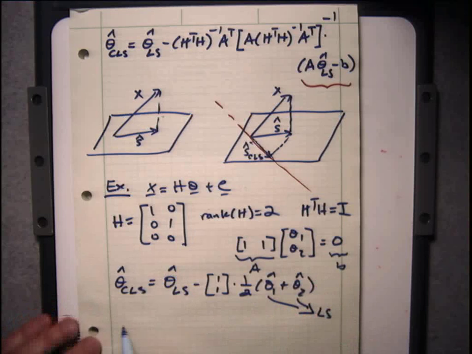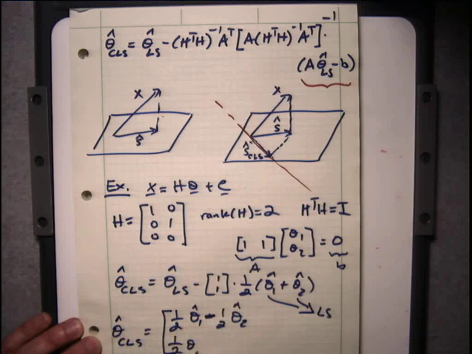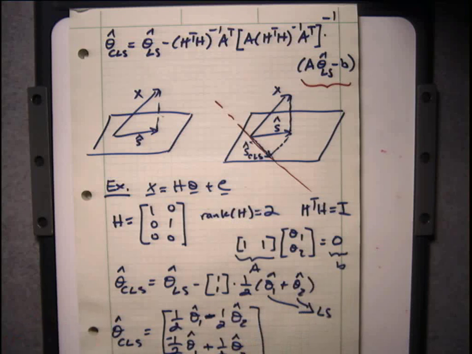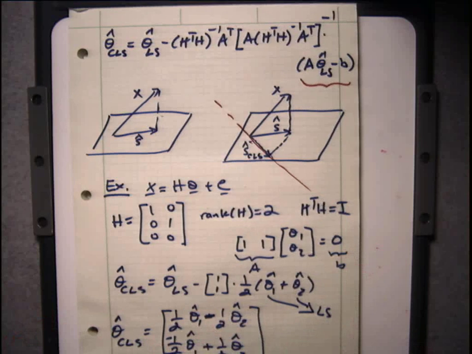If you plug this in, you get 1/2 θ1 hat minus 1/2 θ2 hat, and 1/2 minus 1/2 θ1 hat plus 1/2 θ2 hat. These are components of the least squares solution. You can see here, if you add these two together, you get 0, which is what the estimate requires.